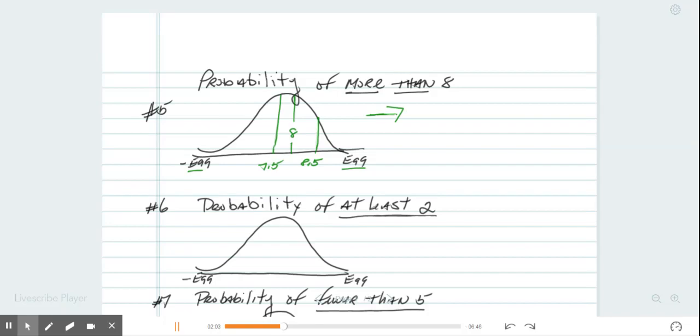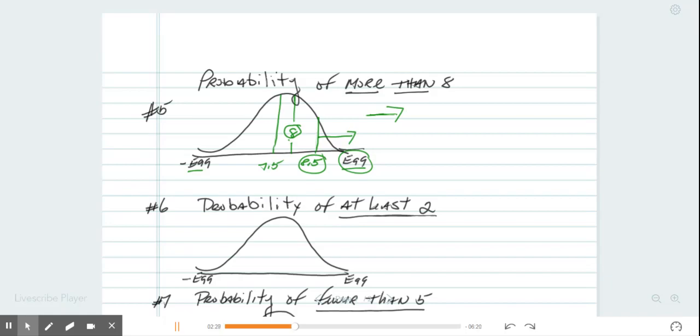But more than 8 does not include 8. So if I were to start at 7.5 and go to my right, I would be including 8. Can't do that. So what I've got to do is start at 8.5 and go to my right. So my lower bound would be 8.5 and my upper bound is E99. More than 8 does not include 8.